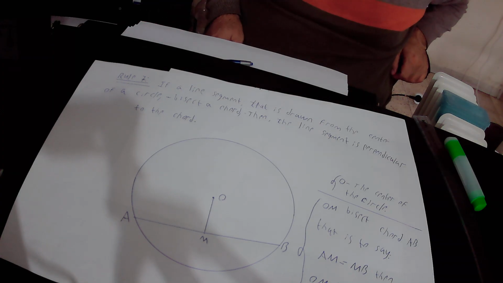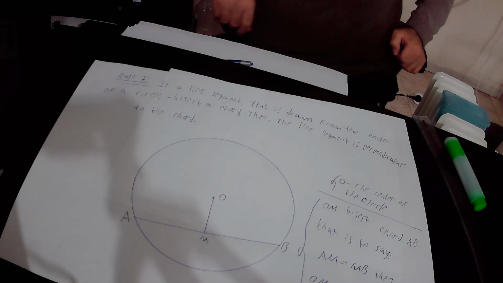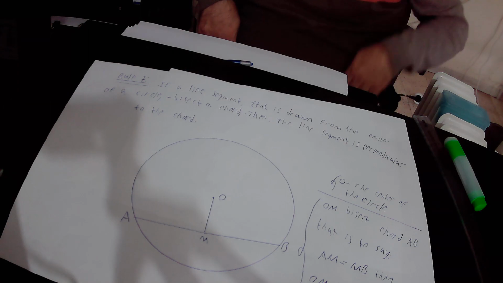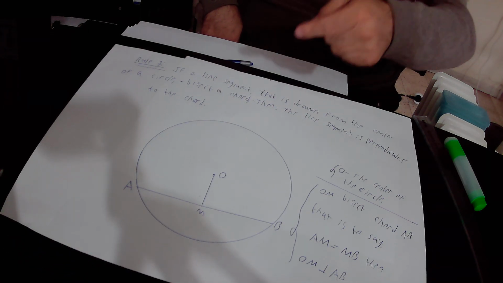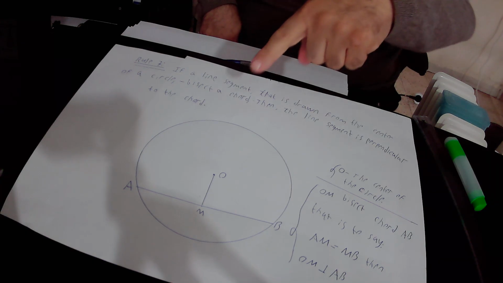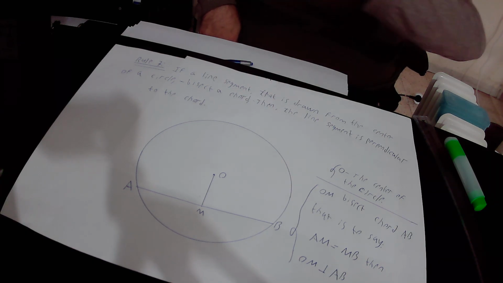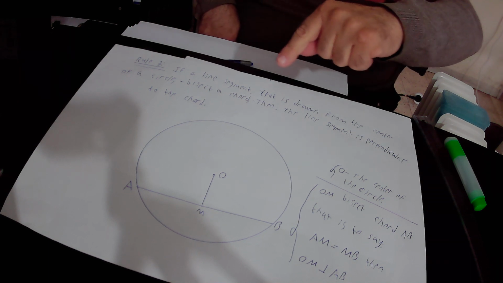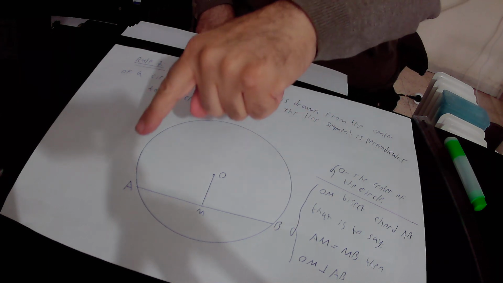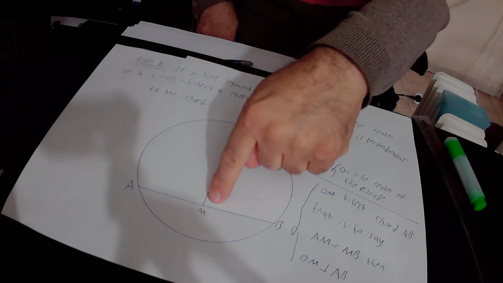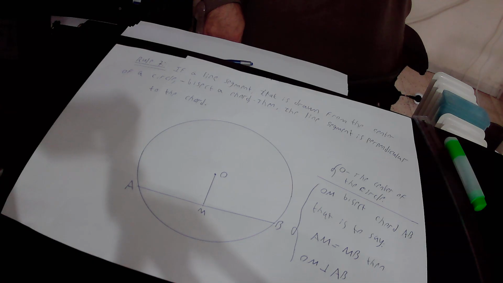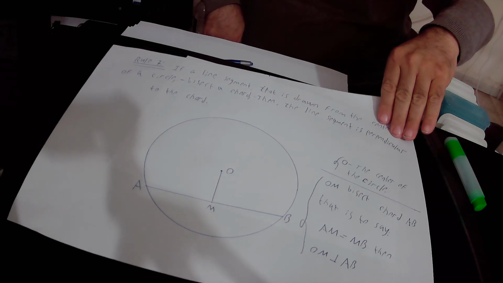And whenever you draw a line segment from the center of the circle that bisects the chord, then the line segment will also be perpendicular to the chord. In this case, it means that OM will also be perpendicular to chord AB. That is to say, this angle equals 90 degrees and this angle equals 90 degrees. Okay, so we can implement rule number 7 in our drawing.